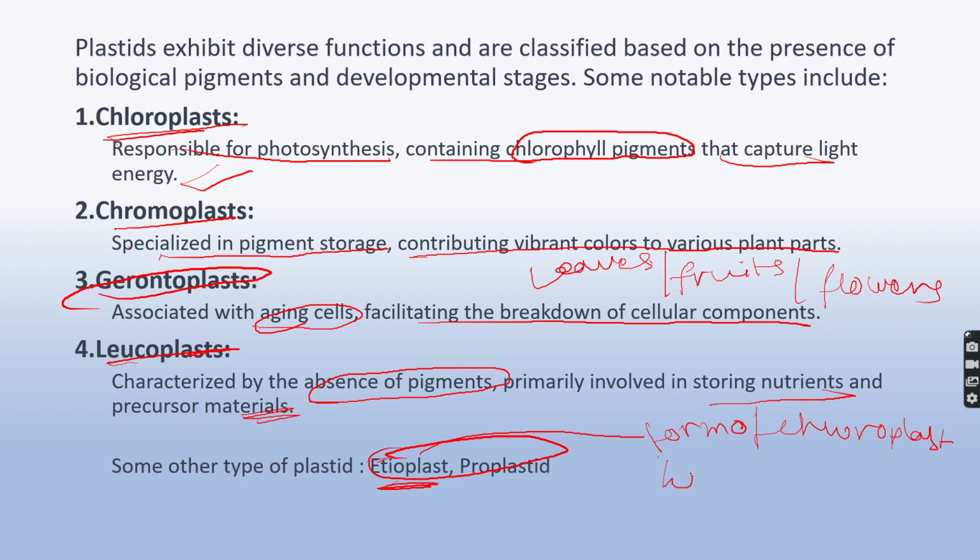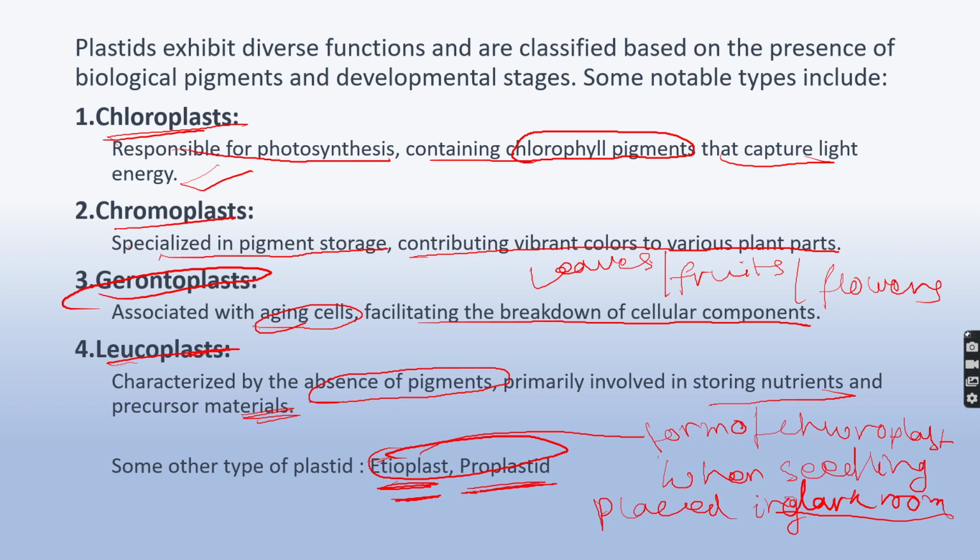When a seedling is placed in a dark room, this etioplast is formed, and when it is placed from dark to light, again chloroplast is formed. Next is the proplastid. This is basically the precursor for plastid.